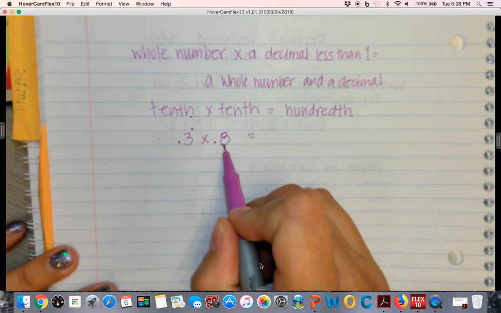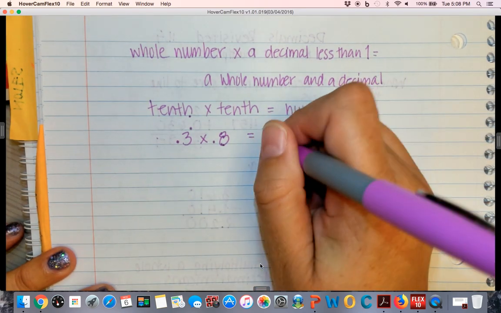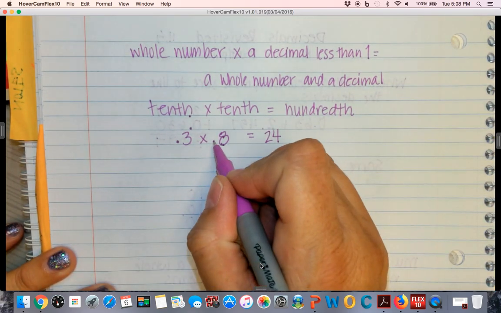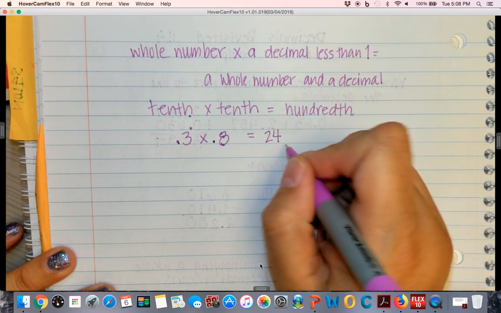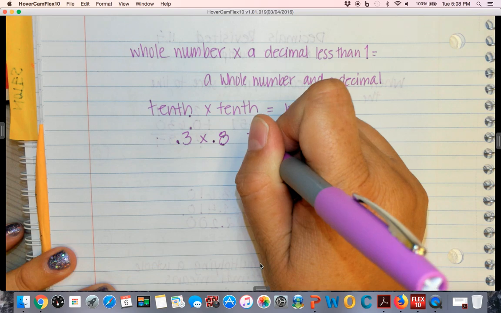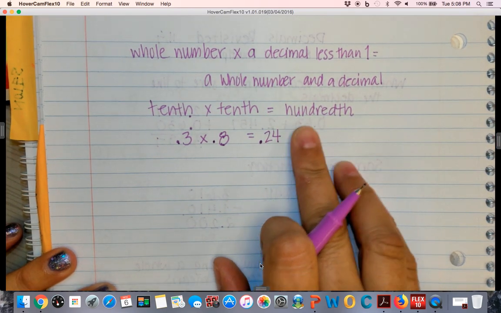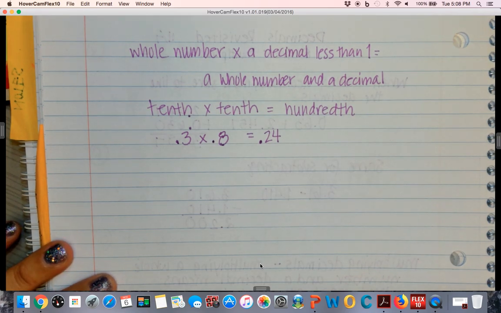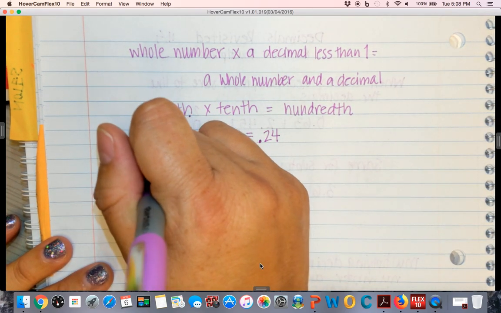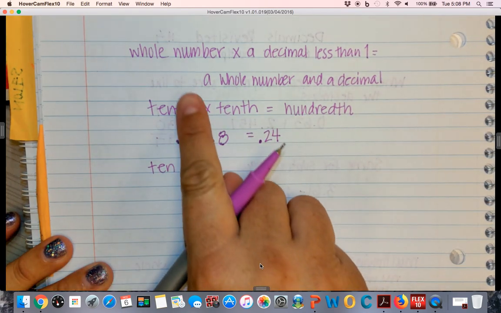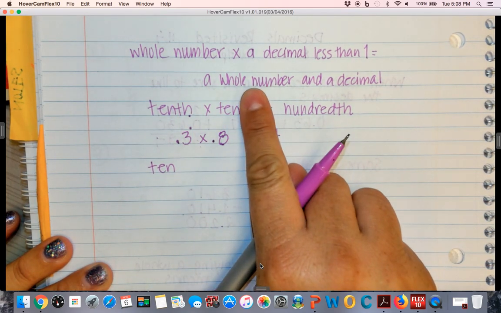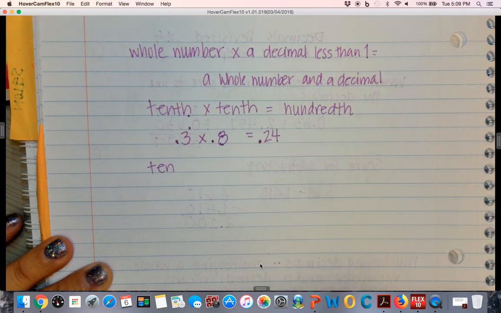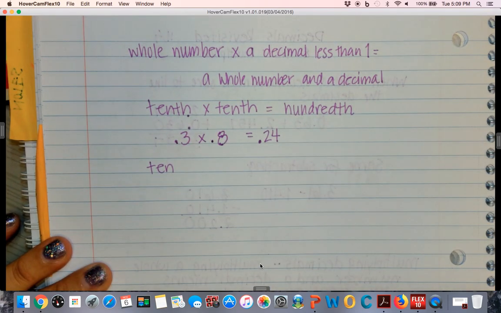I just multiply the numbers. 8 times 3 is 24. And since I have a decimal here and a decimal here, I go in 2 places and it gives me hundredths. 24 hundredths. Just like a 10 times a 10 would give me 100. We're just making our decimals go the opposite direction.